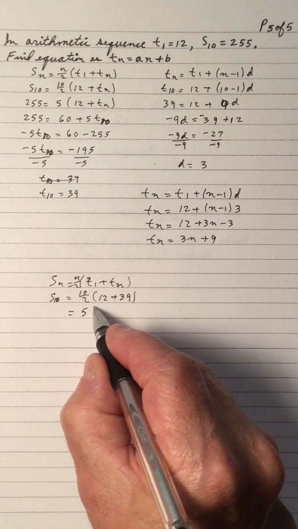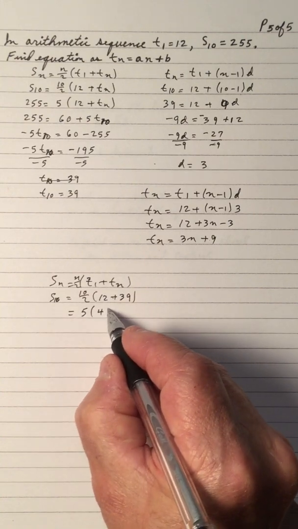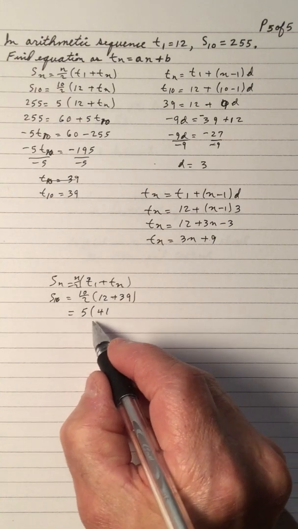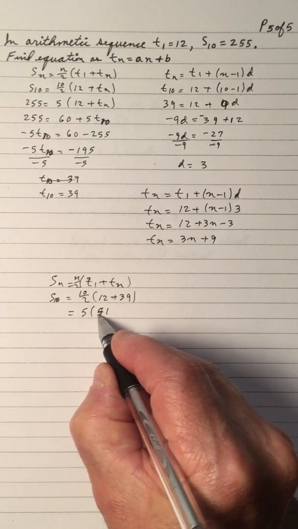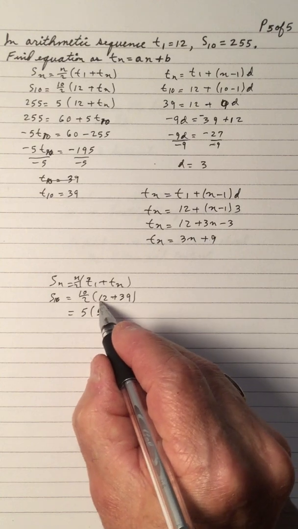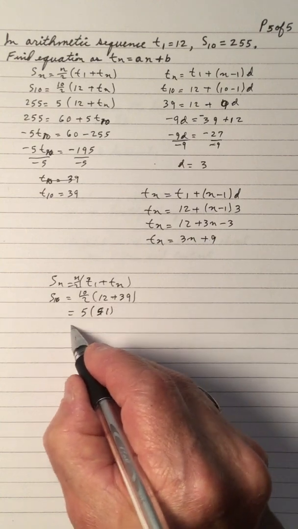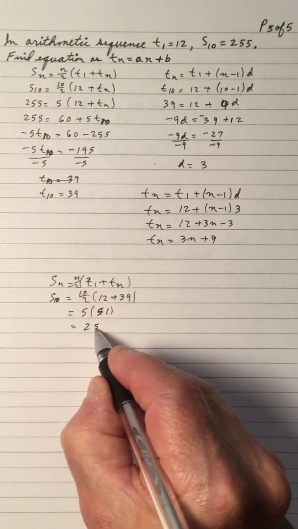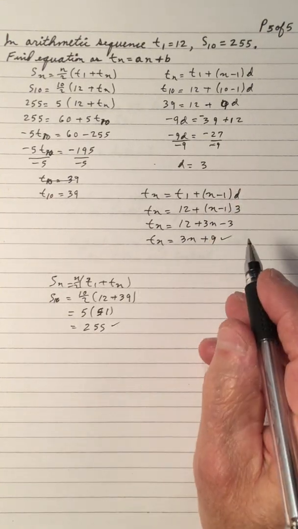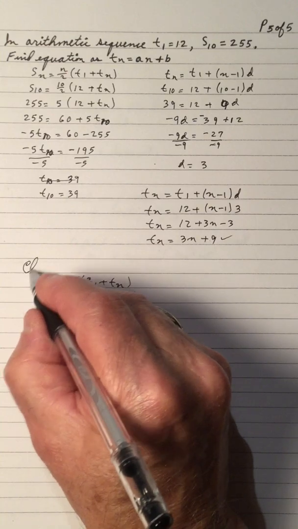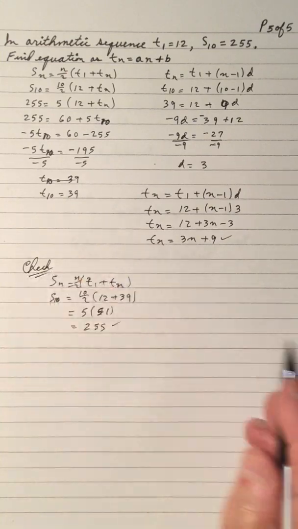So that's a 5 times... 51. Well, I can't add now. 12 and 39 is 51. And 5 times 51 is 255. So it makes sense. That's the equation. And that works out to be the sum. I'm just checking the sum here.